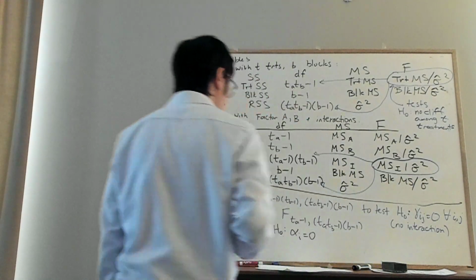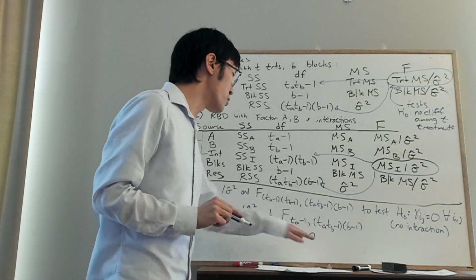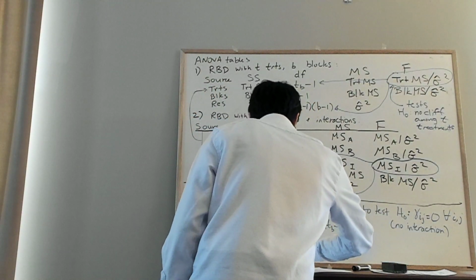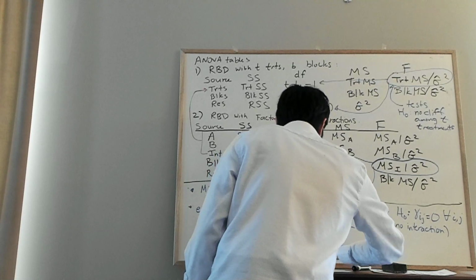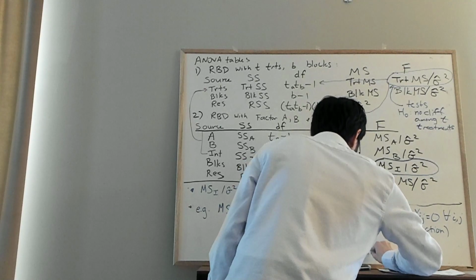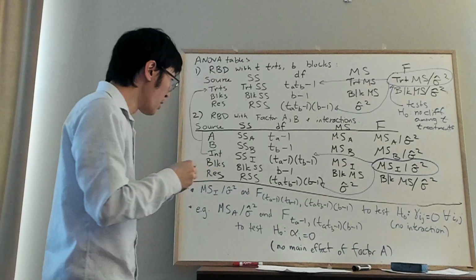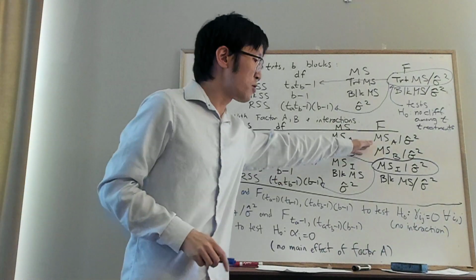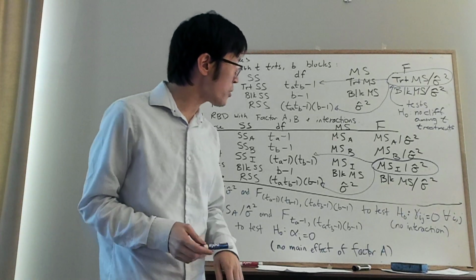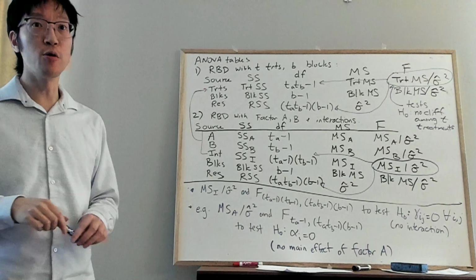So this is testing the hypothesis that alpha i is 0, that there is no effect of factor A. In words, this is testing no main effect of factor A. So you can see that you can use each of these F statistics to carry out a corresponding hypothesis test. Now, there's an order in which we should do this, and I've kind of alluded to that.